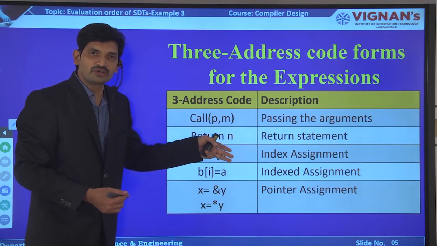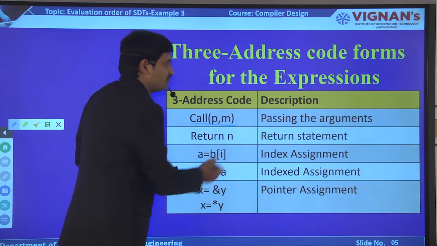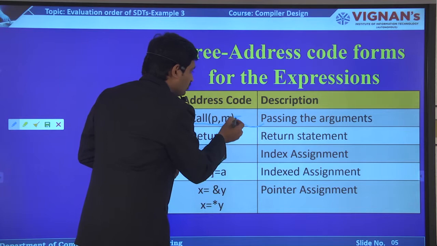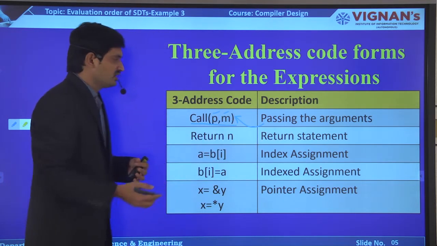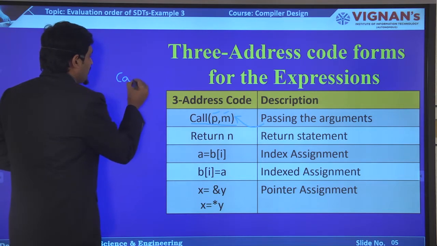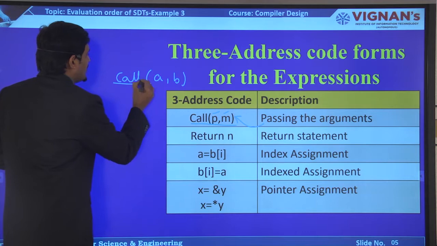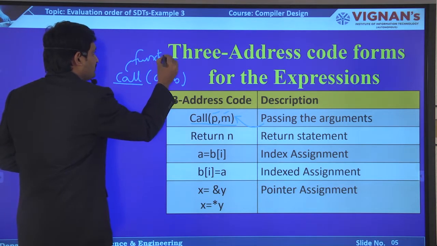Now we are going to discuss some more expressions. So call P, N. That means if you are passing arguments, we have to write the 3 address code like this, where P and N are the arguments. So I can write call A, B. Here call is nothing but the function name. We can write our function name here.